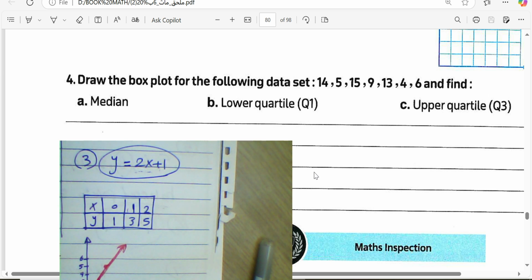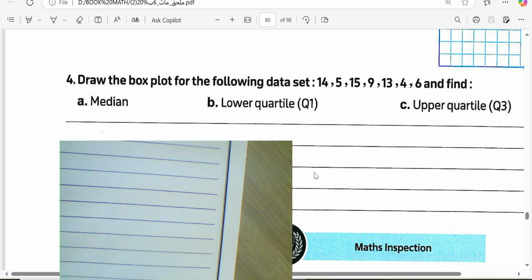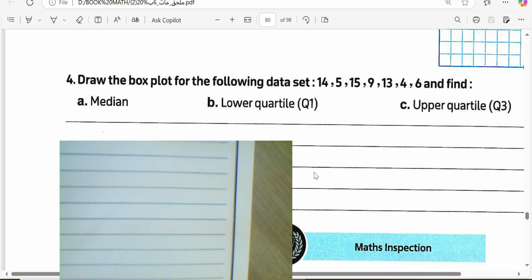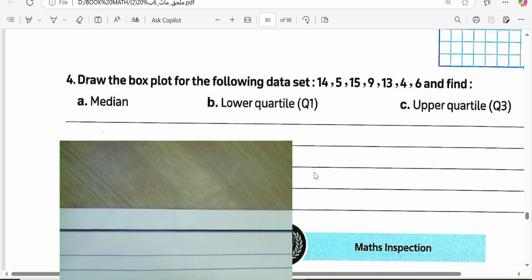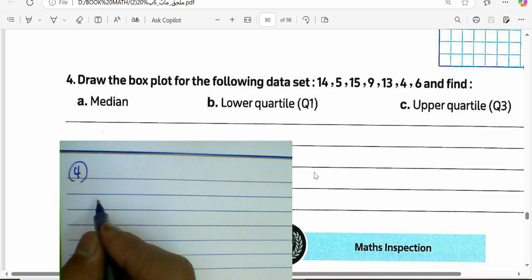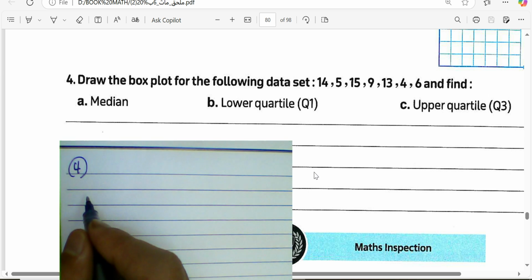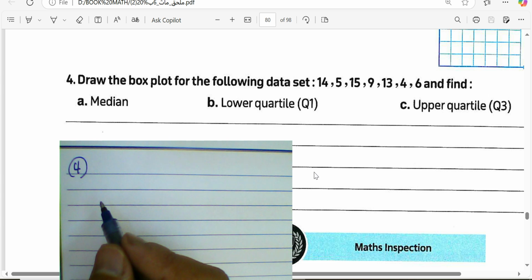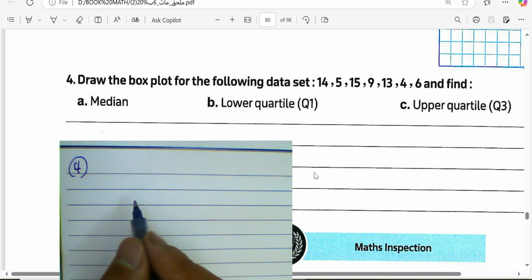Draw the box plot of the data and then find the median, lower quartile and upper quartile. Okay, first step, we must arrange all numbers in ascending order. We have the smallest number 4.